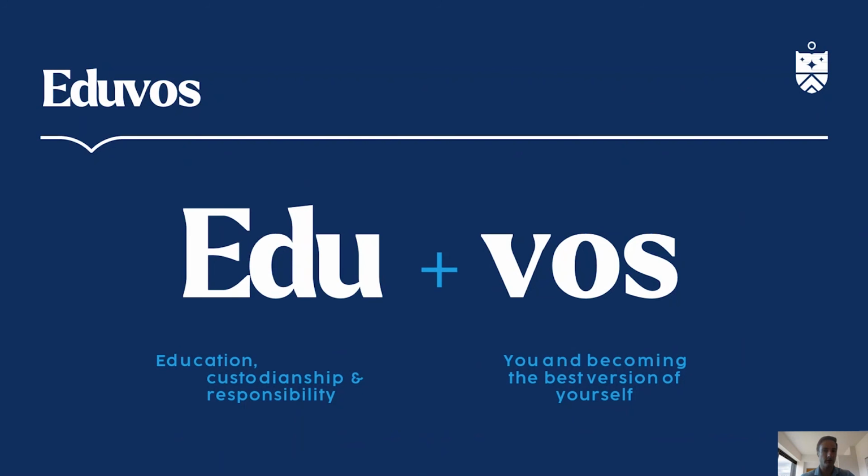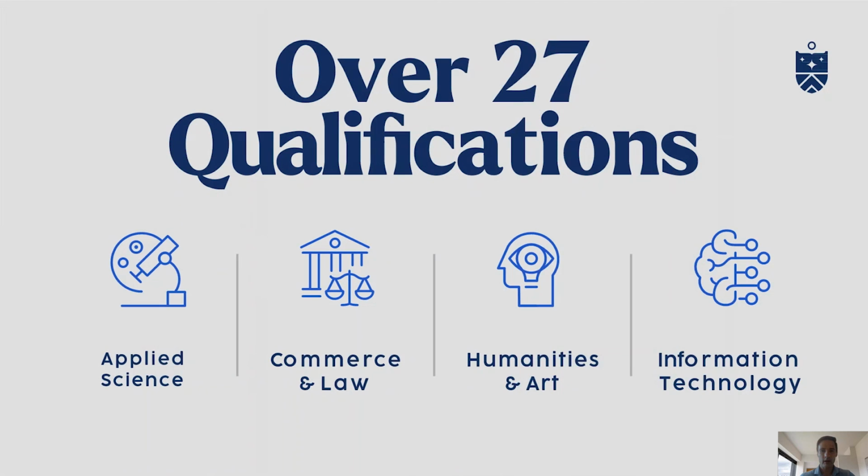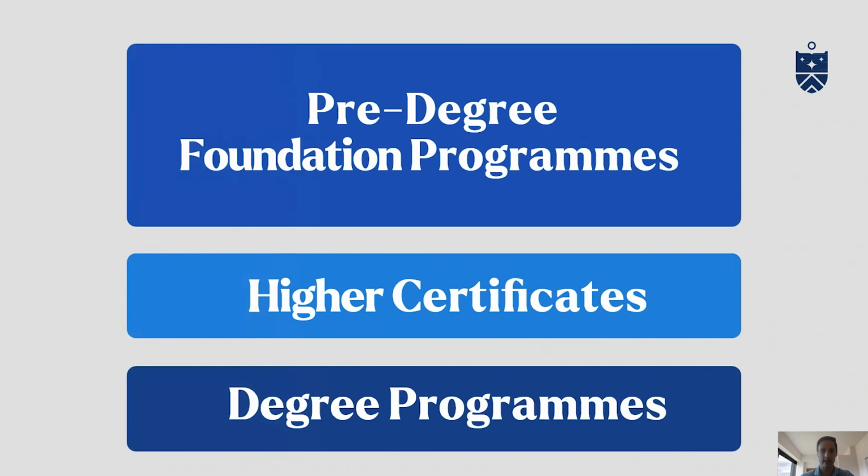Therefore, EduVos refers to your education, ensuring that you make the best version of yourself, because your education is your future. We offer 27 qualifications in the faculties of Applied Science, Commerce and Law, Humanities and Arts, and Information Technology.